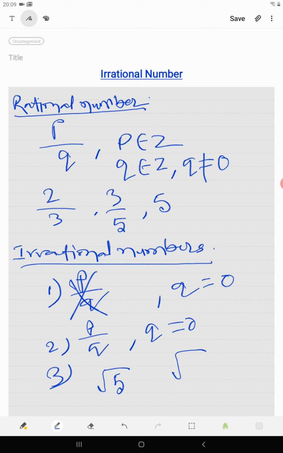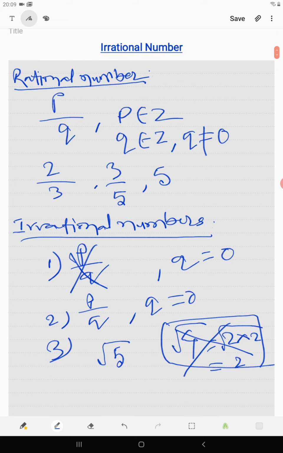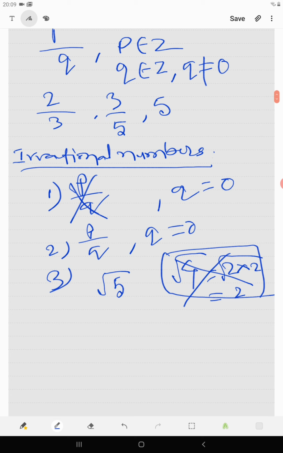Solvable in the sense, if you are writing root 4, we write it as root under 2 into 2, so it will be 2. So this is solvable, so this is not an irrational number. Root 4 is not irrational. But root 5 is an irrational number. Similarly, root 7 is an irrational number. Root 11 is an irrational number.